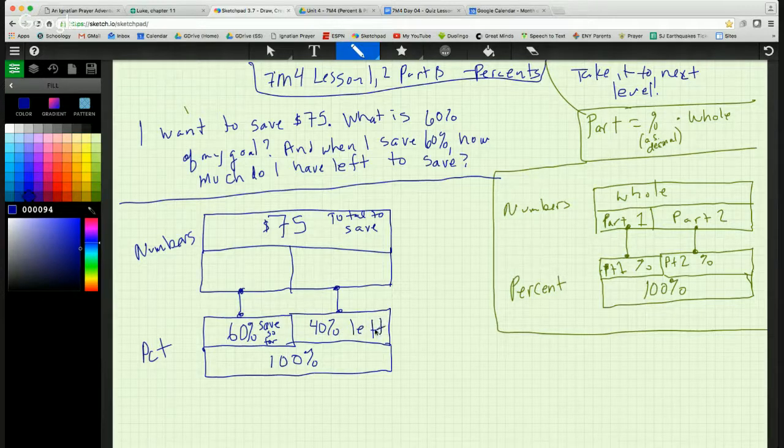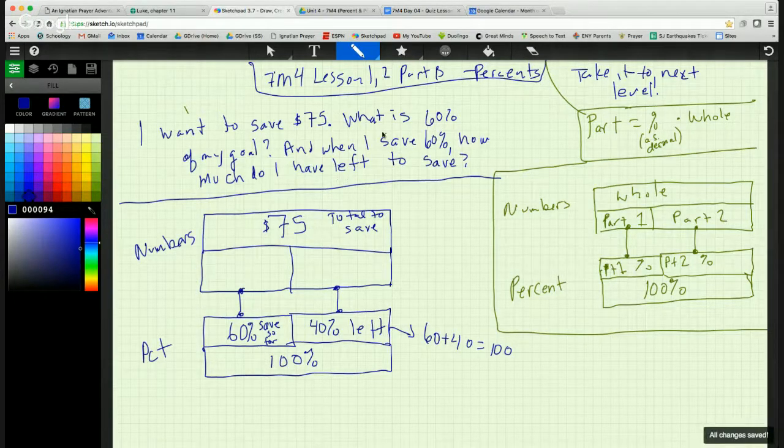And how did I get that 40%? The 40% is just 100% minus 60%, because 60 plus 40 must equal 100%, that's my whole goal. This number here connects to this number.